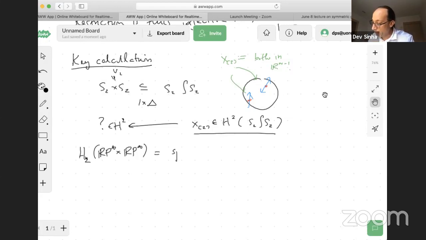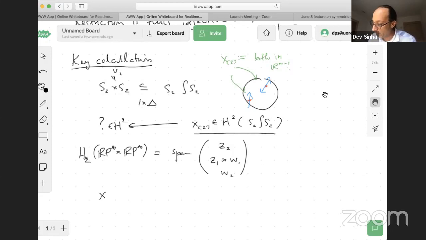So this is the span of a Z on the first Rp infinity, that's just an Rp2 included there, or a Z1 cross W1, or a W2. So these are just Rp2 or Rp1 cross Rp1, or another Rp2.